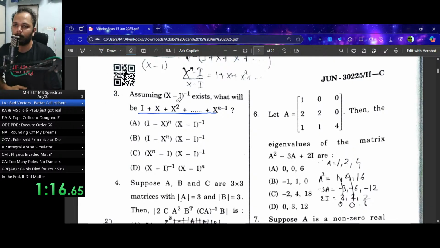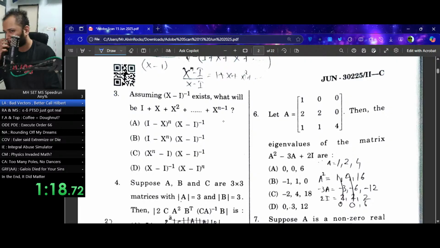What will be this? Okay. We know that x to the power n minus x minus 1 is equal to 1 plus x square plus and so on. And due to this factor, this is just x to the power n minus 1 and I, so C. Yeah.